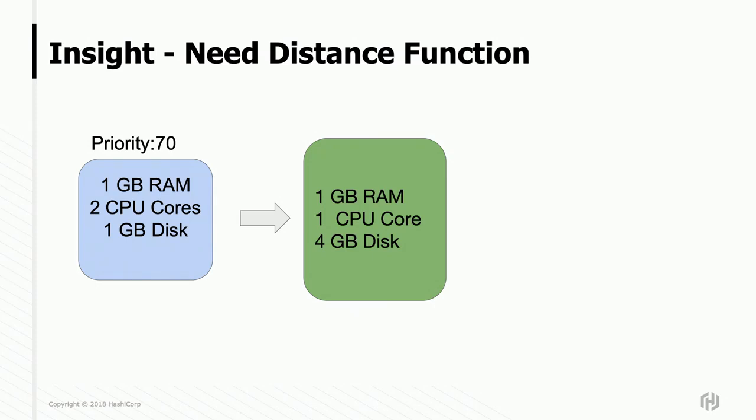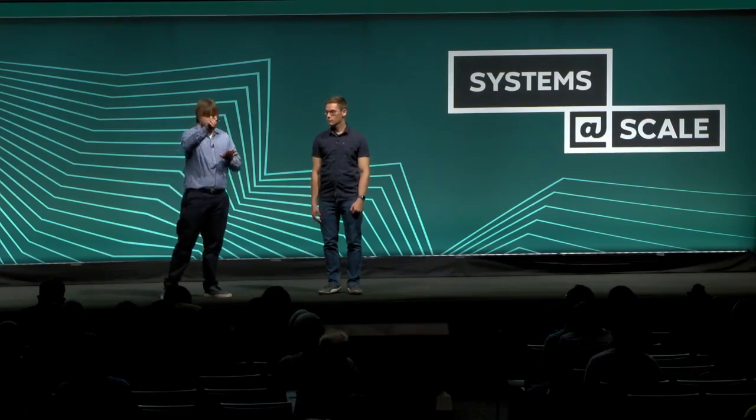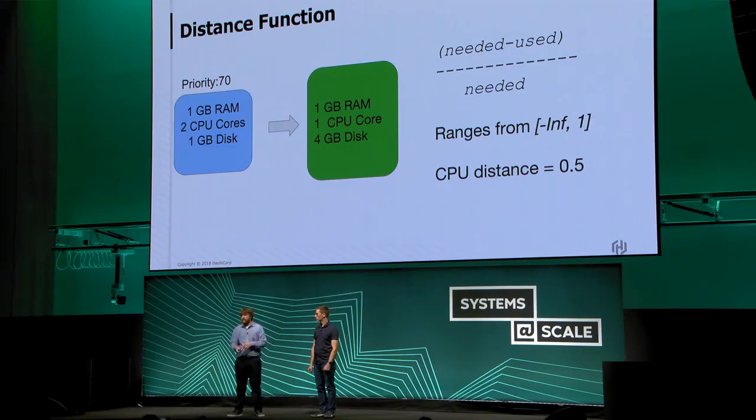And to do that, we need a distance function. We have some vectors or some dimensions on these jobs like RAM usage, CPU usage, disk usage, and device plugins bring more dimensions as well. We need a way to compare two tasks to see, is this one better than the next one? So to do that, we use a Euclidean distance function or the sum of squares.